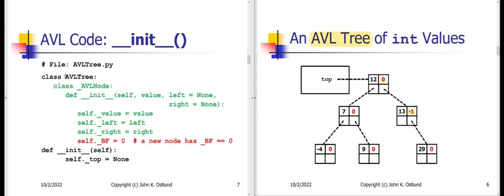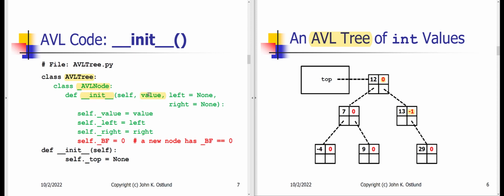All right, so if we're going to implement an AVL tree, then as we did with our binary tree, we're going to need to describe each node in this tree. This is going to be a nested class, a private class within the AVL tree class, and it will have a dunder init function.